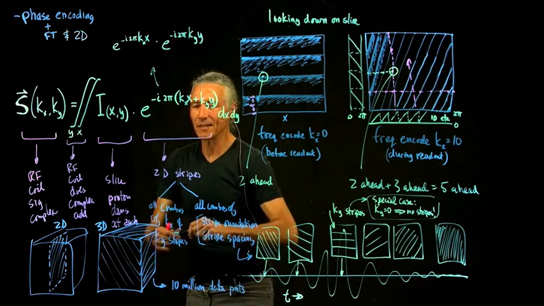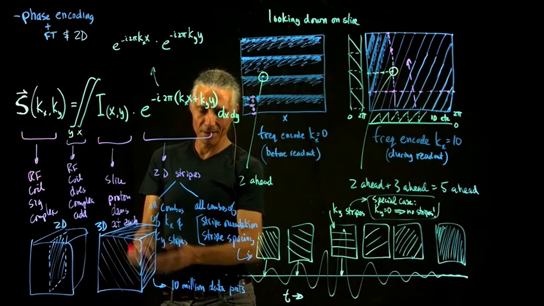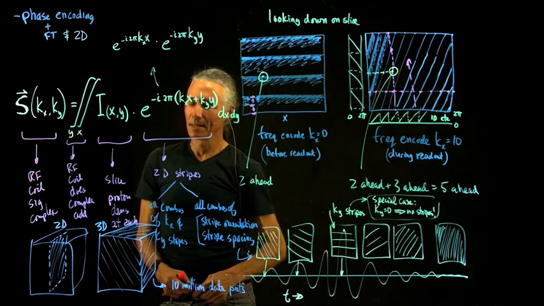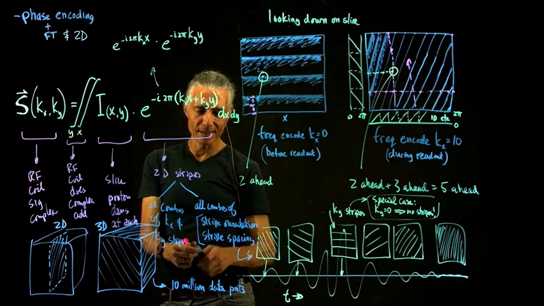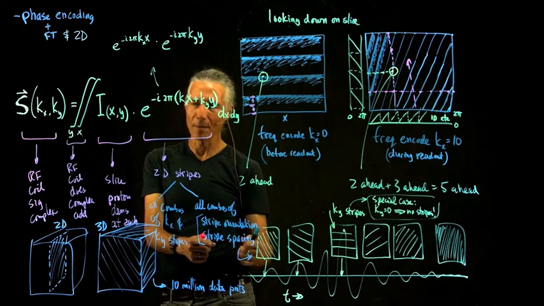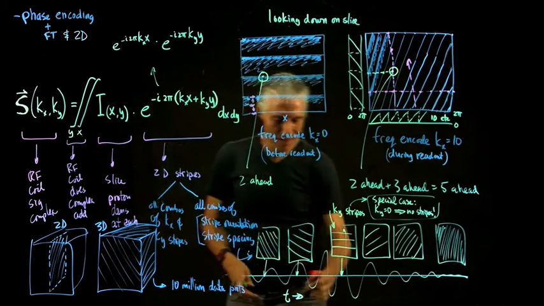This is an example of something like an MP-RAGE, a typical structural scan. You're going to have 10 million data points. And what does that correspond to? 10 million combinations of stripe orientation and stripe spacing. So it quickly ramps up.